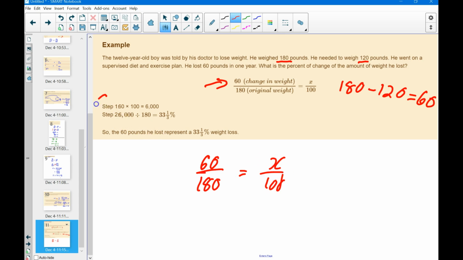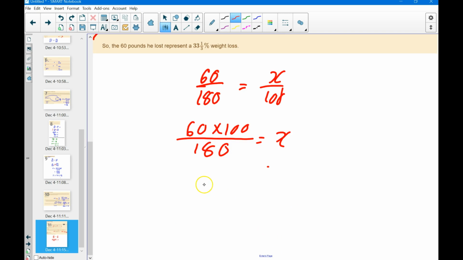Instead of breaking it down like they did here, I'm going to do it the way we're used to seeing it. So it's going to be 60 times 100 over 180, and the x comes out to be 33 1/3%.